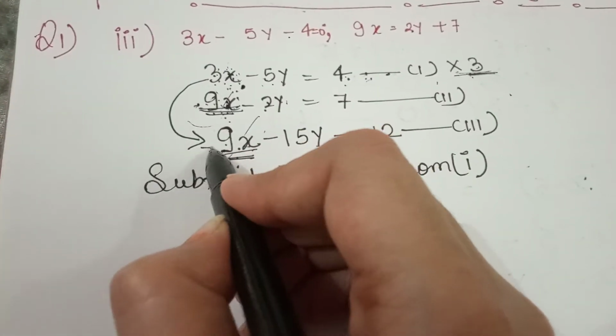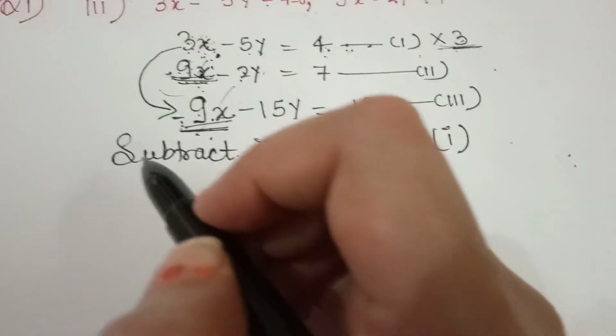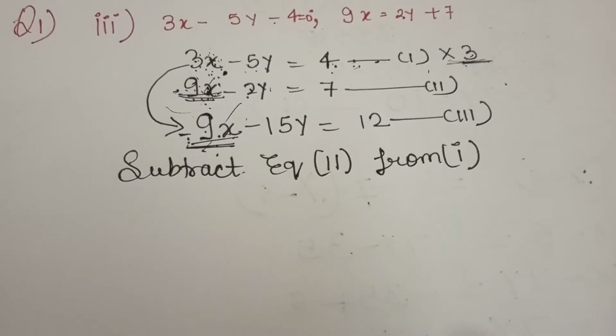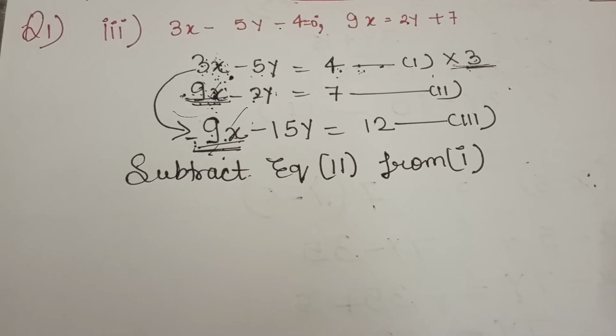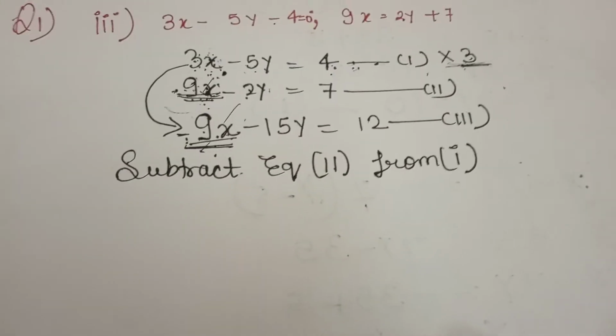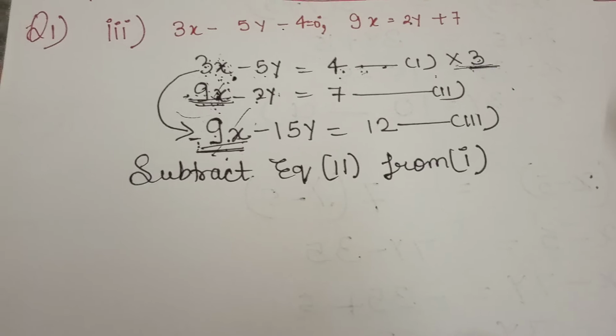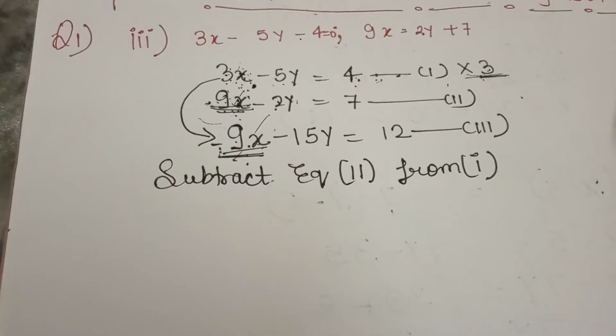So if we subtract, then we can eliminate, because 9x minus 9x will be equal to 0. तो हमारा एक वेरिएबल एलिमिनेट हो जाएगा. Fine. And this is our agenda, that we want to eliminate one variable from both the equations. That's why I am subtracting.